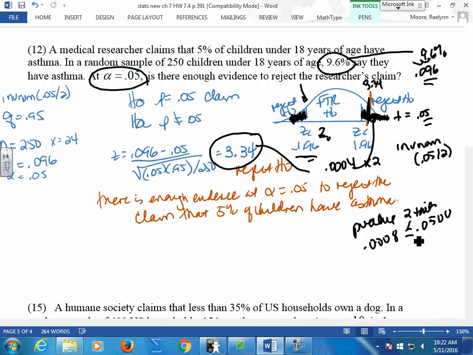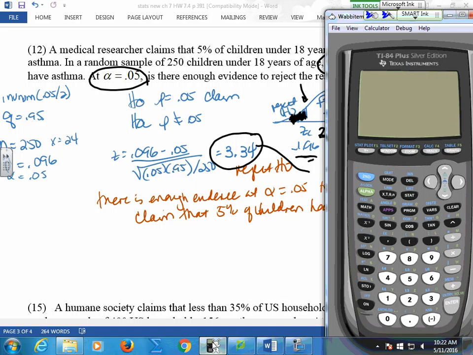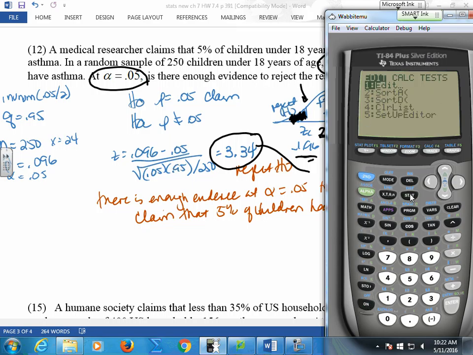If you put this in your calculator, let's just drill this in your calculator. The nice part about this with your calculator is that it does the 2 tails for you. It multiplies it by 2. So here is your 0.096.